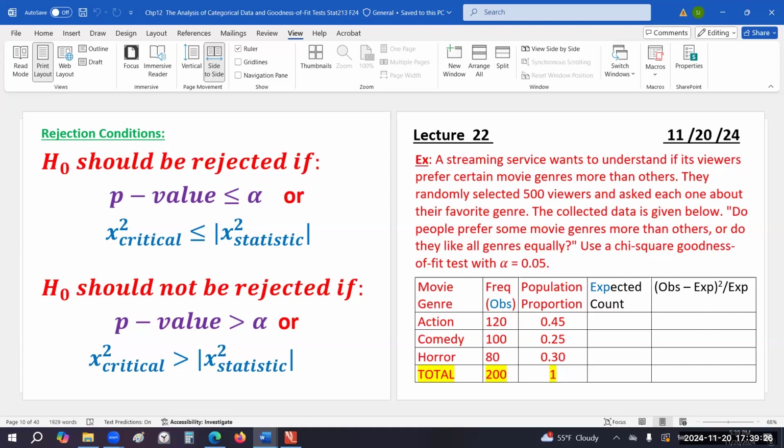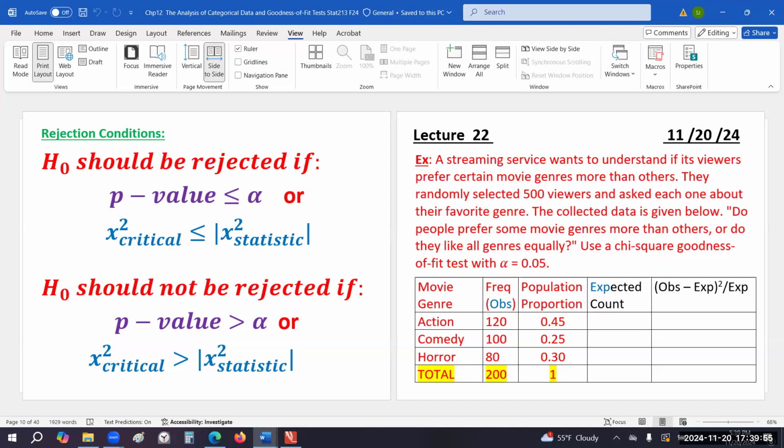Among these 200 people, 120 say they like action, 100 say they like comedy, 80 say they like horror. On the other hand, the population proportion we got from some type of study: we learned that 45% of the population like action movies, 25% like comedies, and 30% like horror.